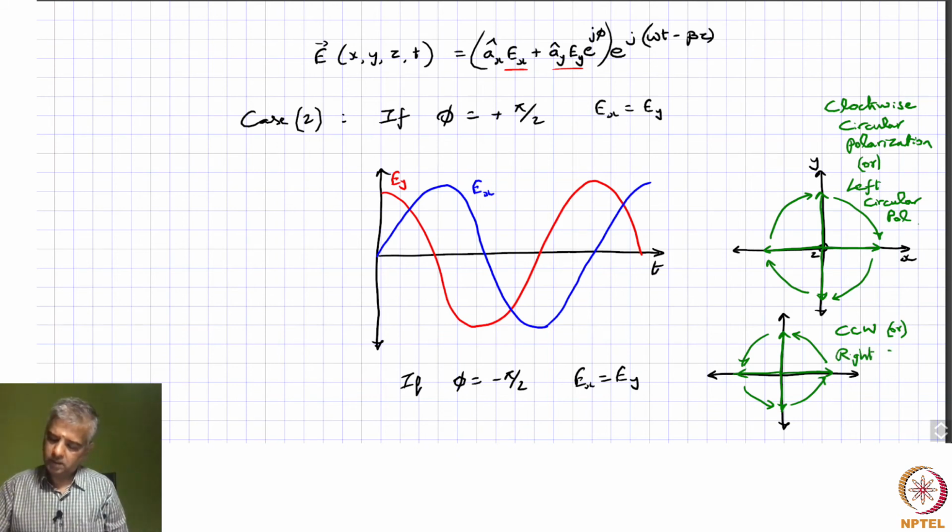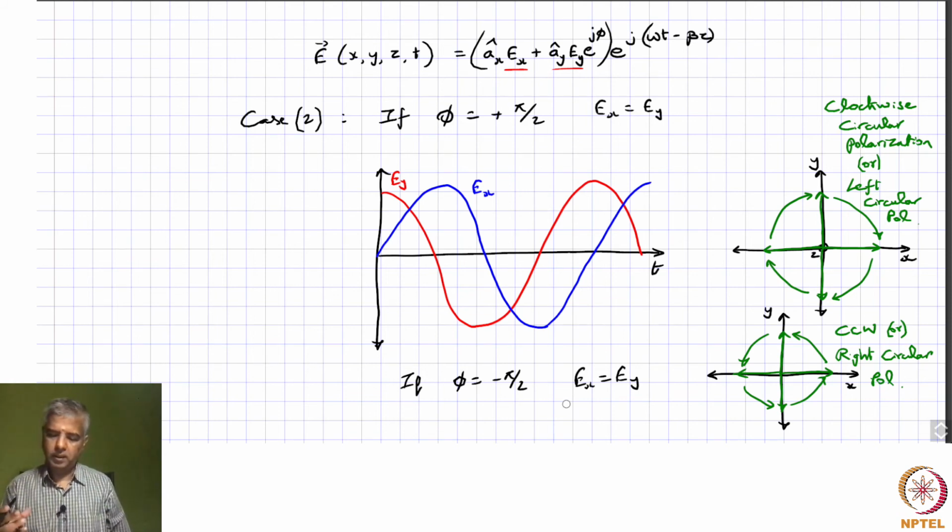The top of the sphere is your right circular polarization, and the bottom of your sphere is your left circular polarization, and this one is your linear horizontal polarization, and this is your linear vertical polarization, right?